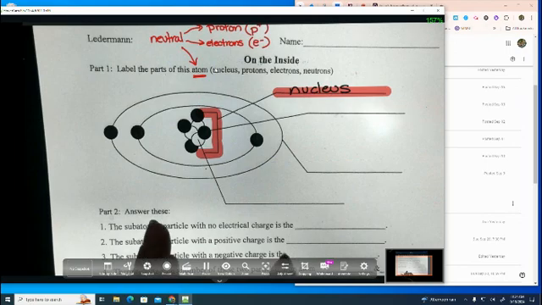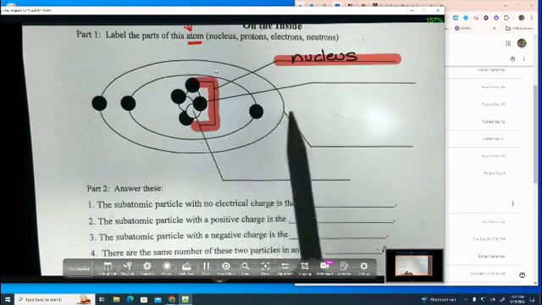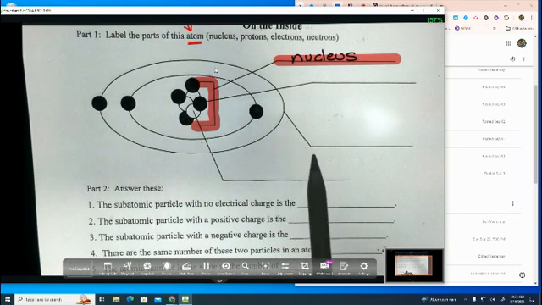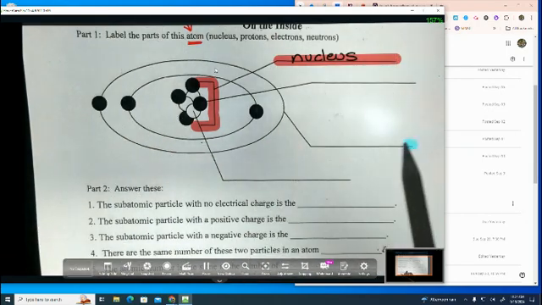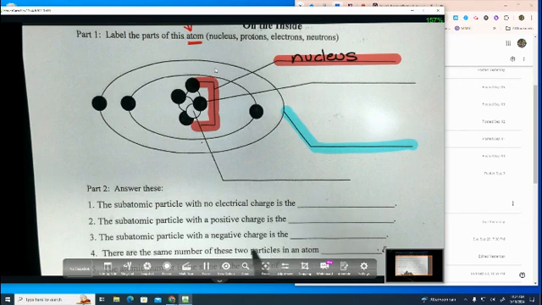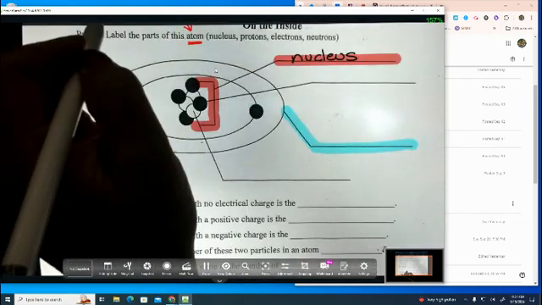All right. Now, we're going to skip to this line right here. What is that line pointing to? The orbital, and inside the orbital are the electrons. I'm going to make those electrons red.